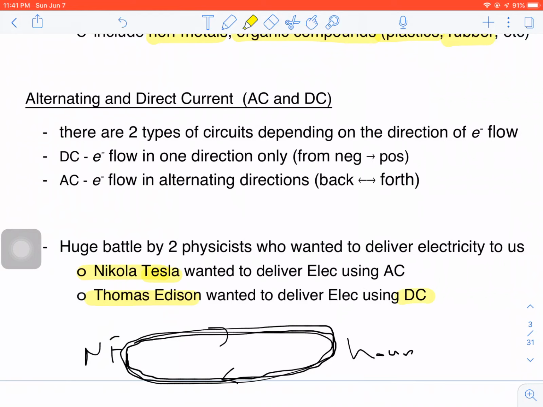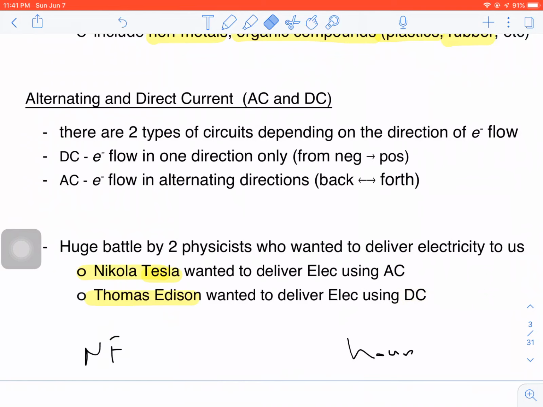Nikola Tesla had a slightly different idea. Nikola Tesla said, I'm going to send electricity from Niagara Falls to your house and back again, and to your house and back again, and to your house and back again.